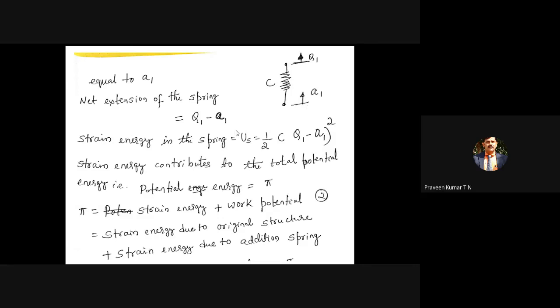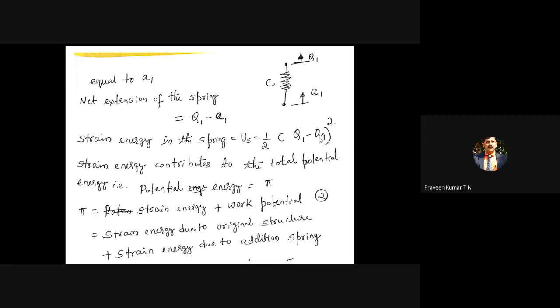Now we have the strain energy in the spring. The strain energy is nothing but half into sigma into epsilon. Sigma is nothing but E into epsilon, so we have two epsilons, which become epsilon squared, the strain squared. So the strain energy in the spring is given by half kx squared, where k is replaced by C, and x is the net deformation, q1 minus a1.